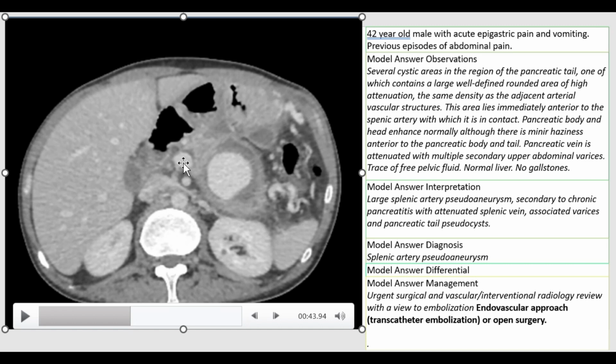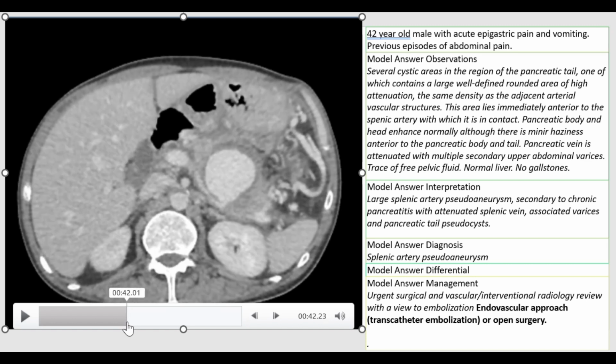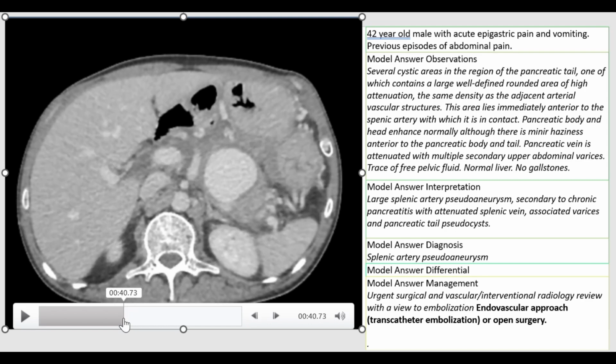The splenic artery pseudoaneurysm formation and the splenic vein thrombosis or occlusion are two common vascular complications of pancreatitis.